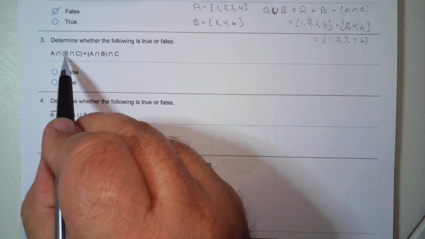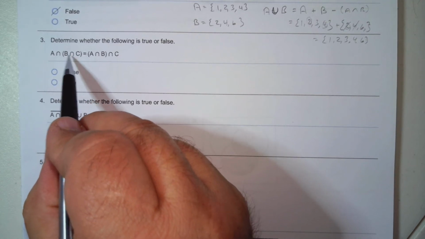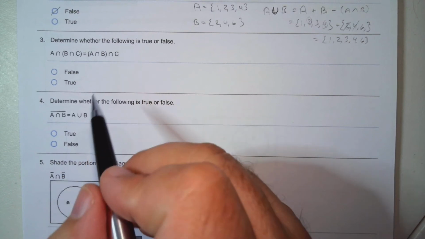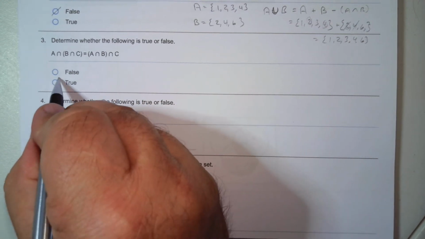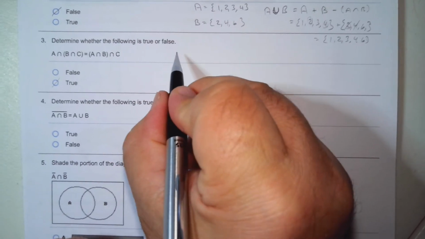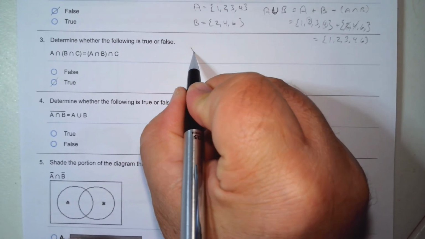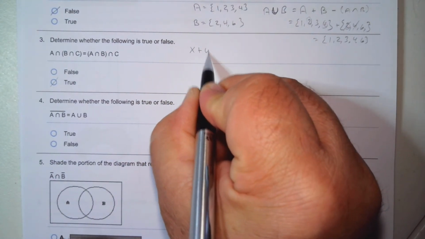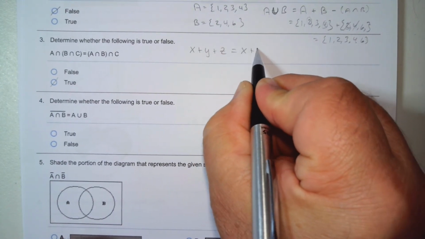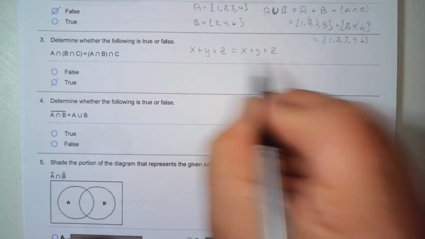A intersect the intersection of B and C is equal to A intersect B intersect C. That's true. Now let me show you why. Remember in algebra, we had this rule. We know that that's true.